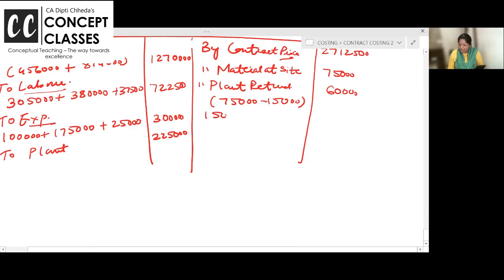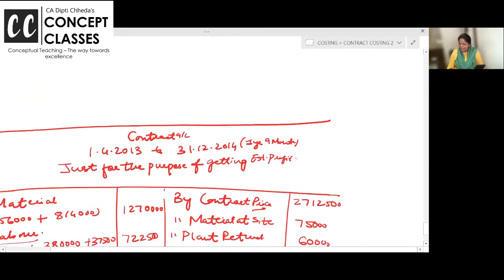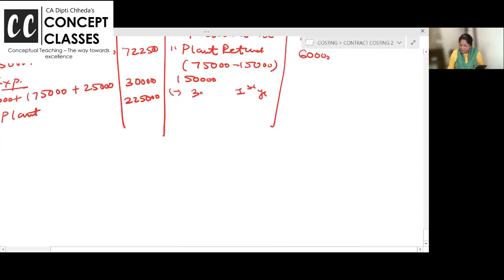And remaining 1,50,000, charge the depreciation for the first year. You have already charged. Remaining 150, 20% depreciation comes to 30,000. So 120. Again, second year you will charge the depreciation. This time 120. See, depreciation is on WDV.